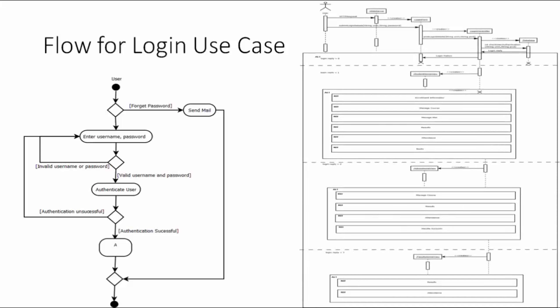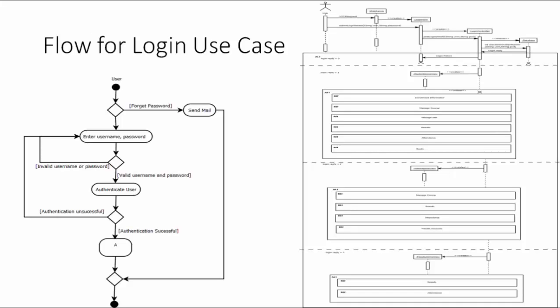Next is the sequence diagram. This is the sequence diagram for the whole system. First, the user will send an HTTP request to the web server by specifying our given URL, student information system. As he enters the URL and sends the HTTP request, the web server will create a login form.